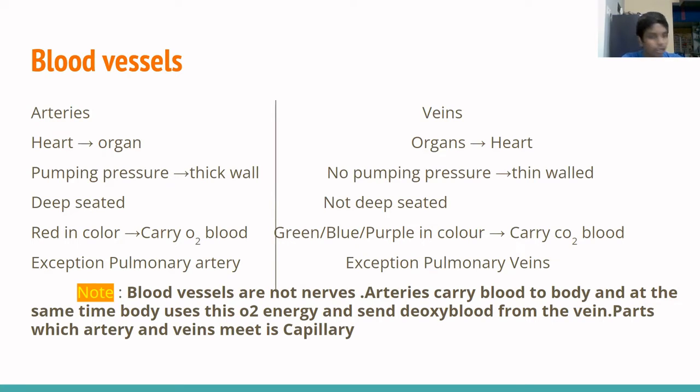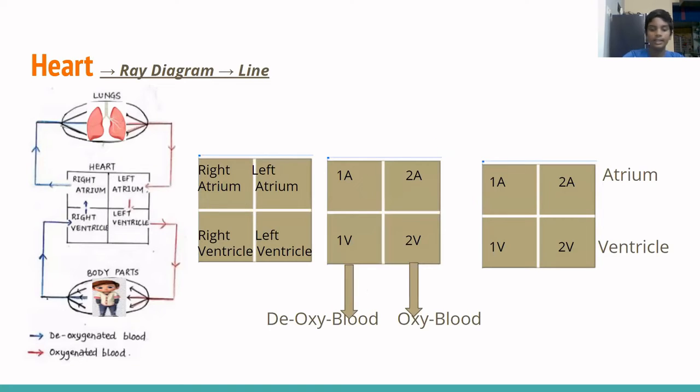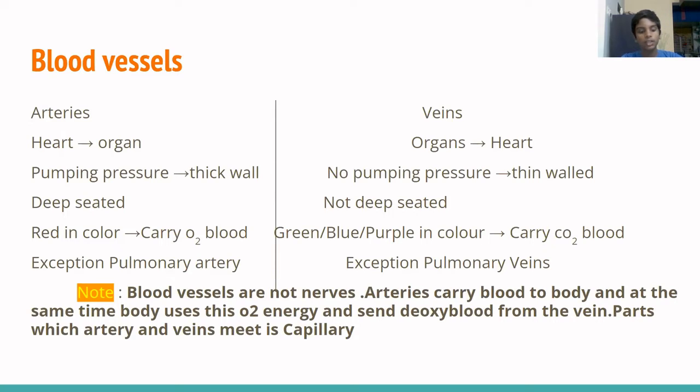Blood vessels are not nerves. Most people confuse blood vessels as nerves and nerves as blood vessels. Nerves are vessels which send messages to the brain and the spinal cord, to the organs, etc. And blood vessels send the oxygenated blood, and deoxygenated blood is taken from the organs.